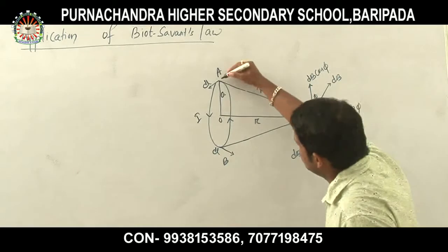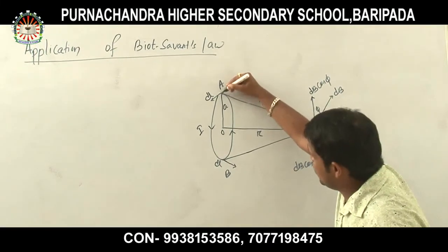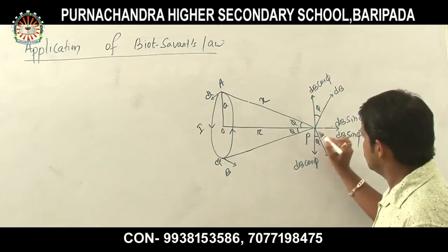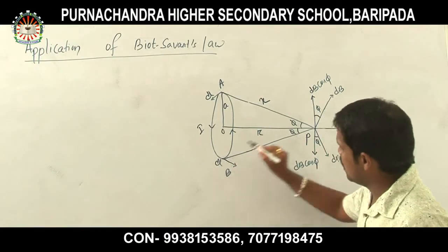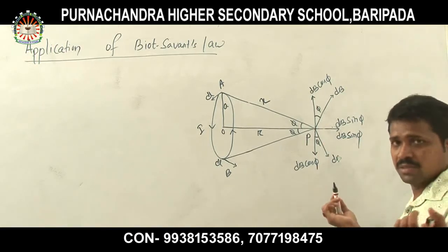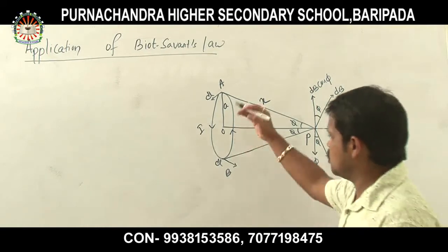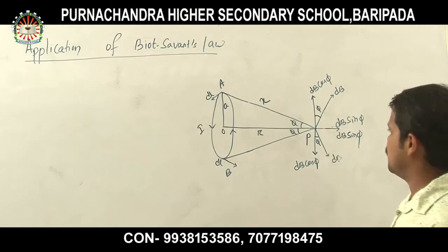Understood? Now listen very carefully. Due to this dl I have to find out the magnetic field at point P, and due to the other dl also the magnetic field at point P. Clear? Okay, so I can calculate any one of them, because both are diagonally opposite, which means the result will be the same. So one by one I have to calculate.